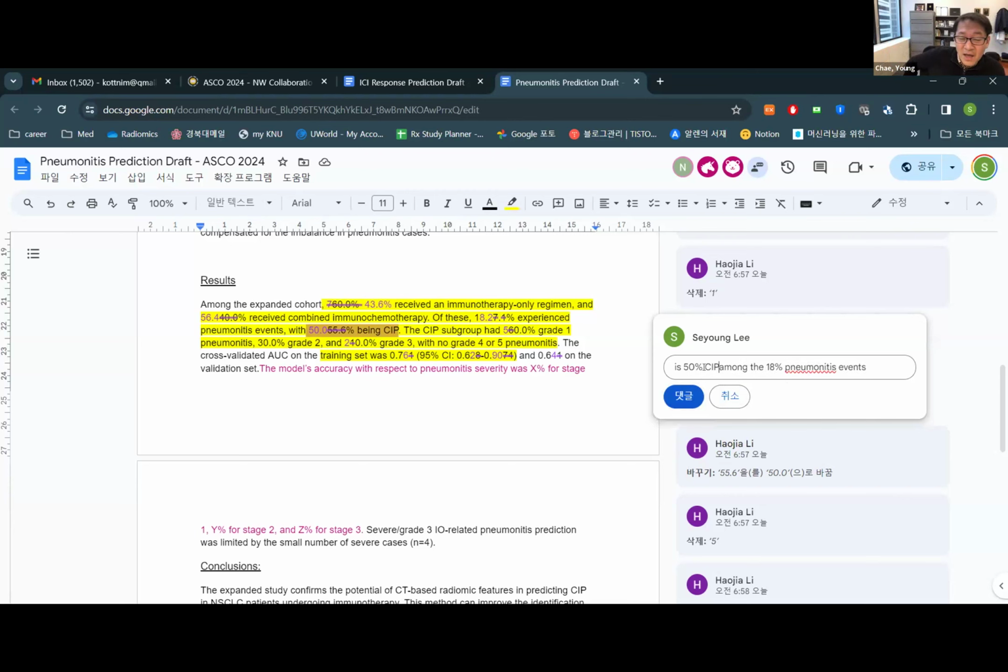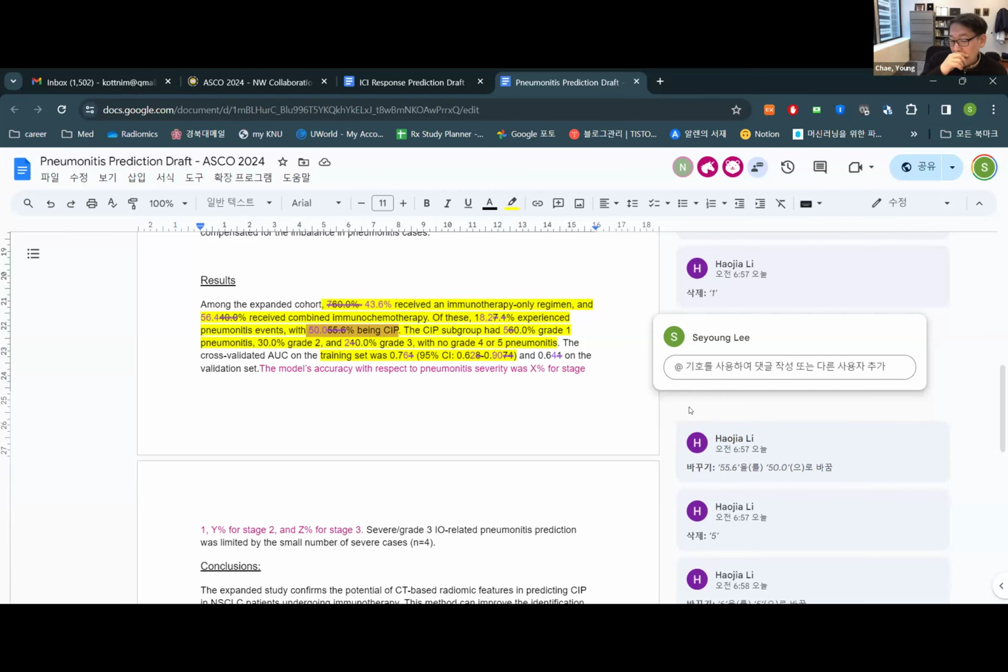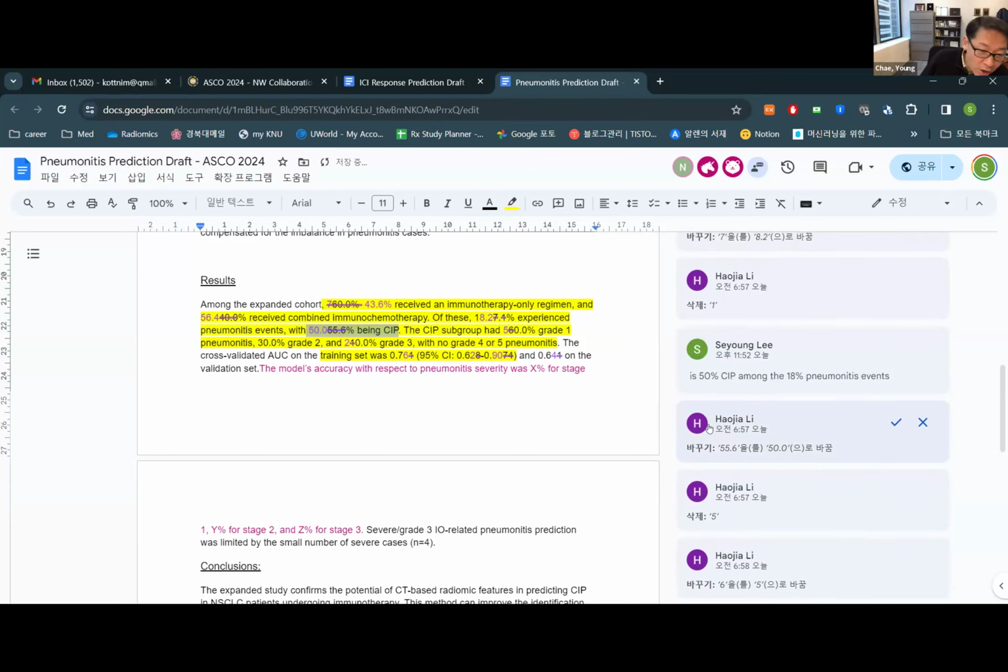I think it should be higher than 50%. Or I could assume that the pneumonitis, unless we know there's a clear radiation treatment history in the region that had pneumonitis, then I would argue that all pneumonitis should be treated as immune related.